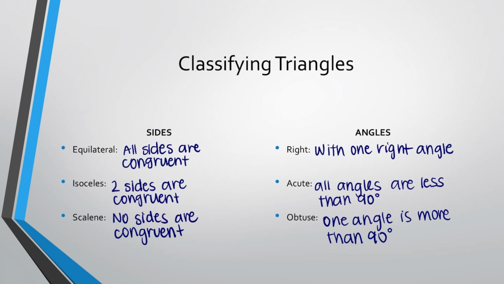You can't have more than one obtuse angle because then it wouldn't be a triangle anymore. There's that limit at 180 degrees per triangle. And so if you have something bigger than 90 degrees, you can't have another thing bigger than 90 degrees because 90 plus 90 is 180. And if you add anything else, it's going to go over 180 degrees and it wouldn't be a triangle anymore. So you can only ever have one right or one obtuse angle.